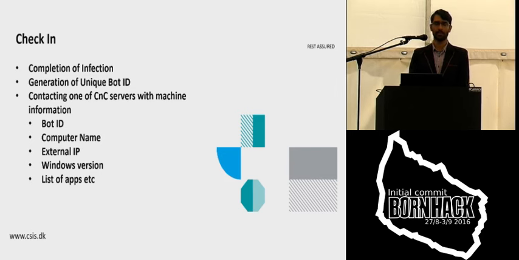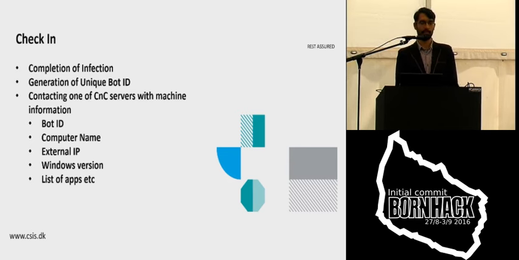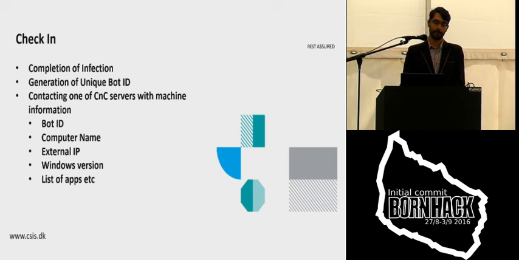And in some cases, we've also seen the list of apps. So this has two purposes. The first one is that it helps them to find the security researchers, because if I have a virtual machine and I'm running malware on it, I'm going to have some tools that help me analyze the malware.